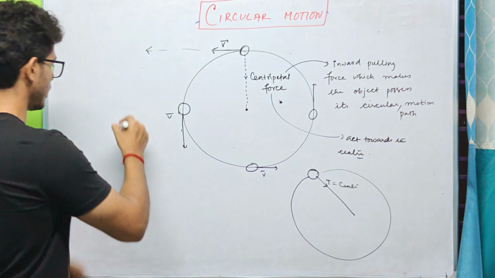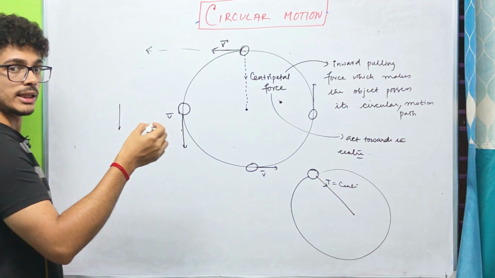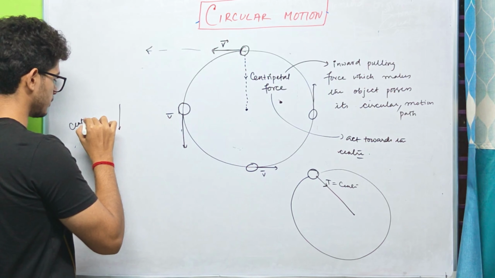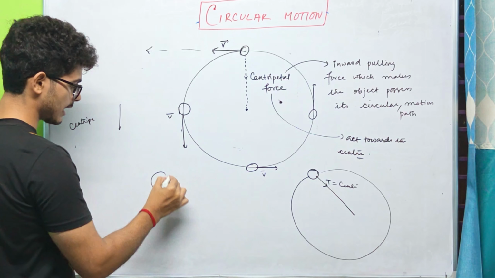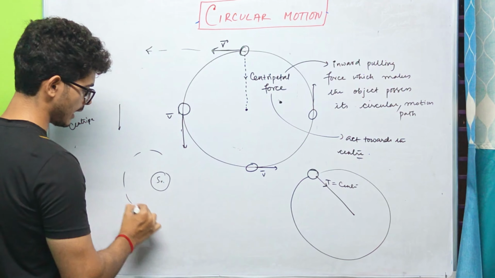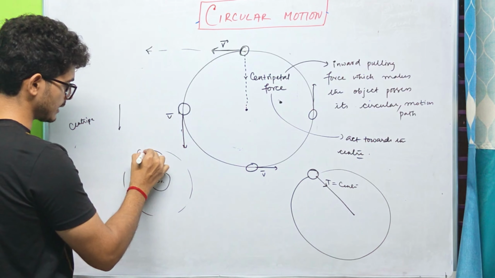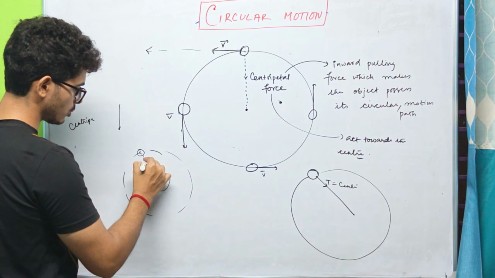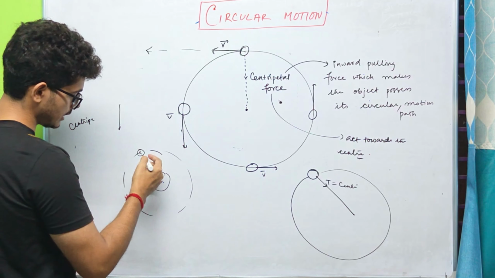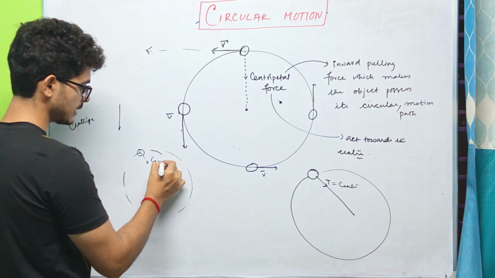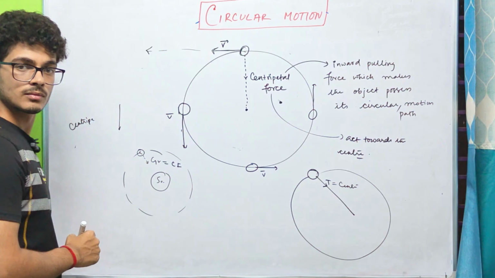Every holding force that is holding the object in motion becomes the centripetal force. If we consider the sun and the planets revolving around the sun, let's say Earth, what is the force which is holding the Earth in its orbit? This is the force of gravity. So this is the centripetal force here.